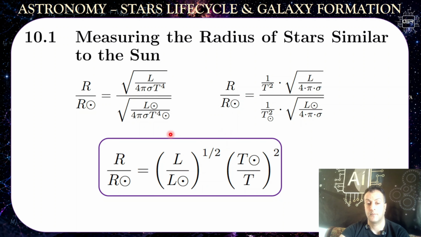If we remove the square root and place it as to the power of 1/2, we finally get R divided by R of the Sun is equal to L divided by the luminosity of the Sun to the power of 1/2, times the temperature of the Sun divided by the temperature of the star, squared. From this relationship, as a comparison, we can get the radius of another star in relation to that of the Sun.